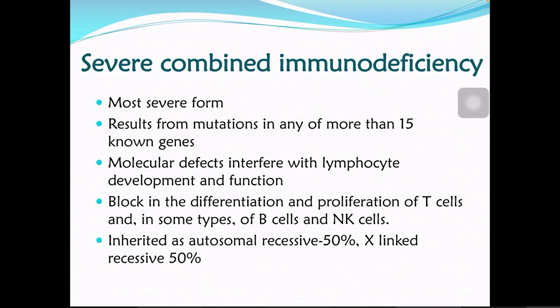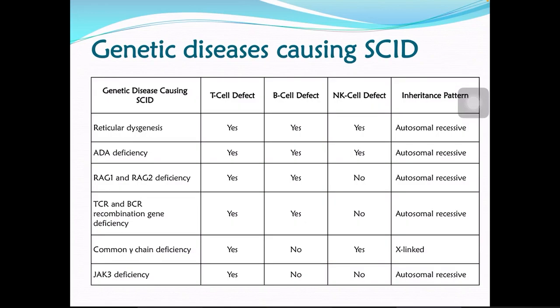There could also be a block in the differentiation and proliferation of T cells, and in some of the deficiencies, there could be interference of B cells and natural killer cells as well. So these are inherited in autosomal recessive fashion in about 50%, and another 50% are X-linked recessive, right? So there is a wide variety of genetic disorders which cause SCID, right?